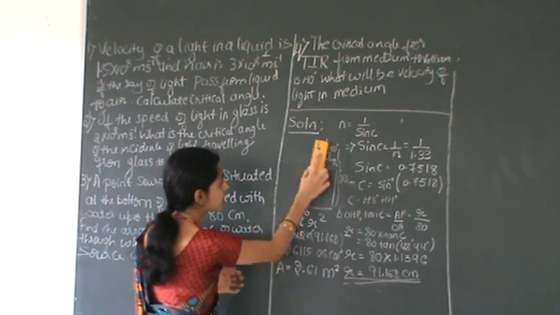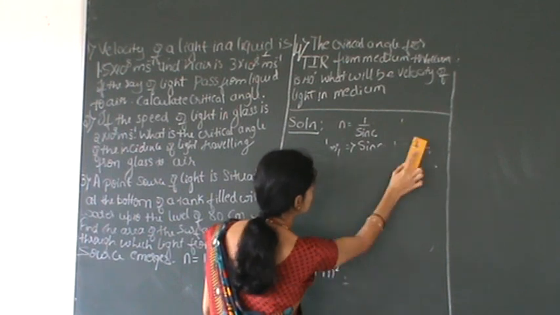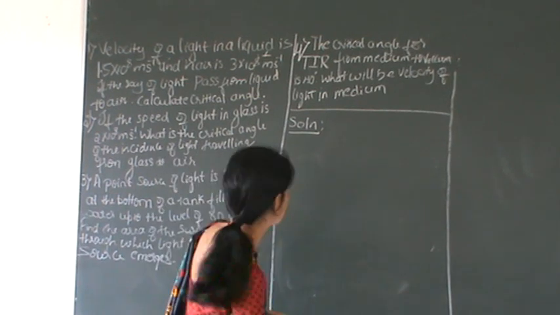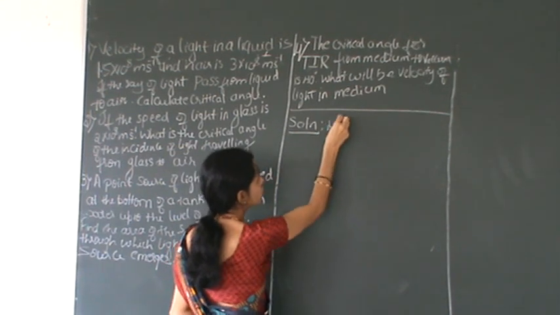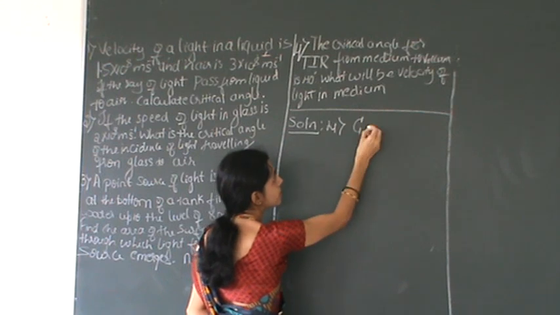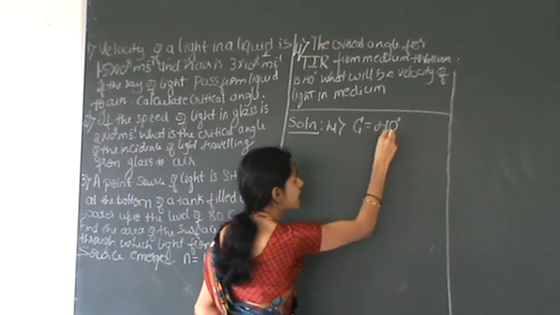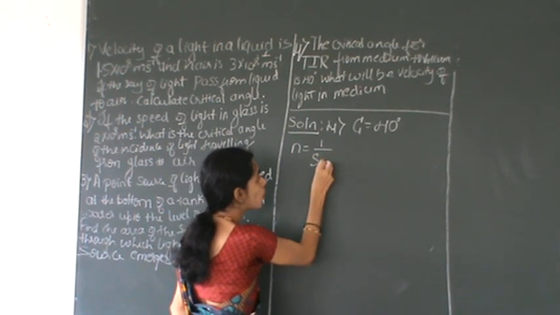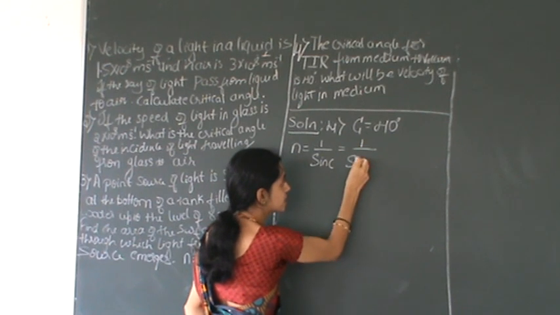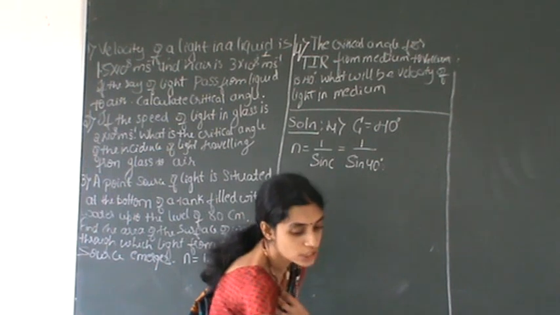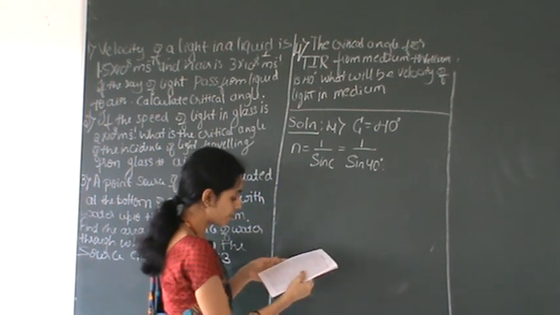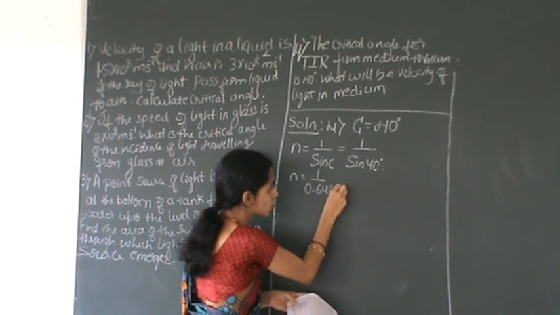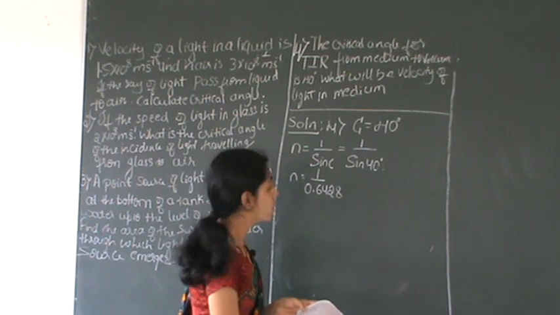the relation between refractive index and the critical angle. 0.6428, n is equal to 1 upon 0.6428.